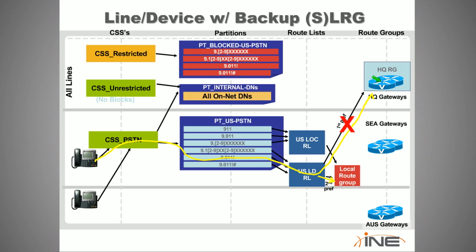You asked about TEHO. You said, so for TEHO, would we just create route lists for those area codes and gateways? We're actually not going to talk about TEHO today, or AAR, or call forward on register, or single number reach, or device mobility, or extension mobility, or SRST, all things that are potentially impacted by local route group. The reason we're not going to talk about them today is because we're going to get into our configuration next and make sure that everything's solid on the fundamentals.